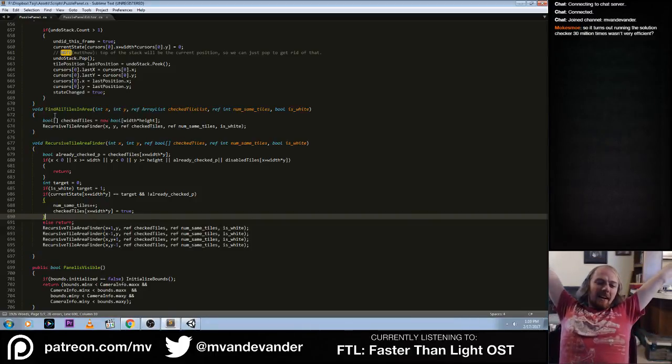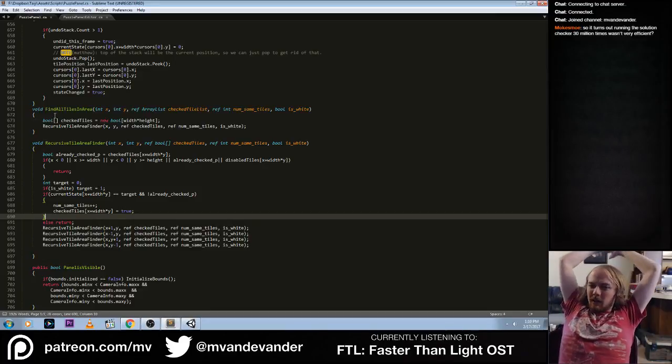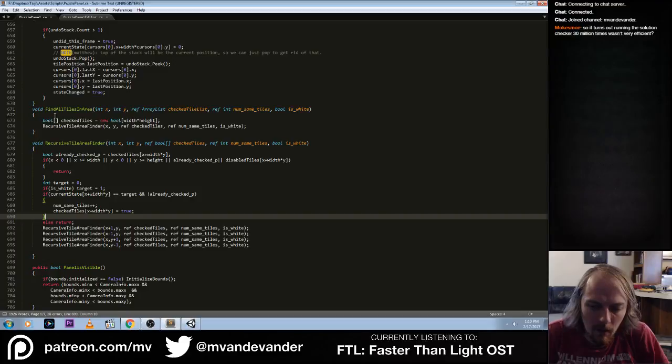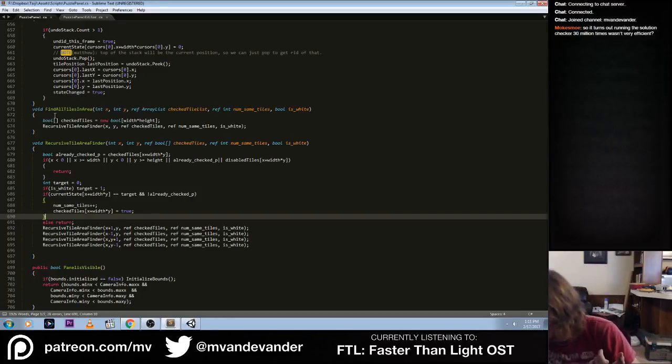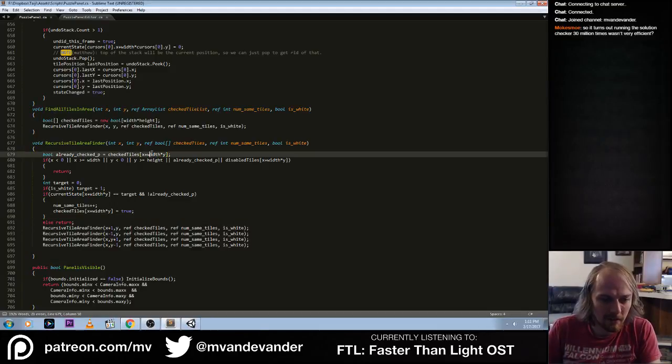Hello, Moxmo. I don't think it ran 30 million times, because even like a 5x5 was enough to lock it up. The problem is not really that the solution checker was slow so much as part of the solution checker was slow, particularly this part.